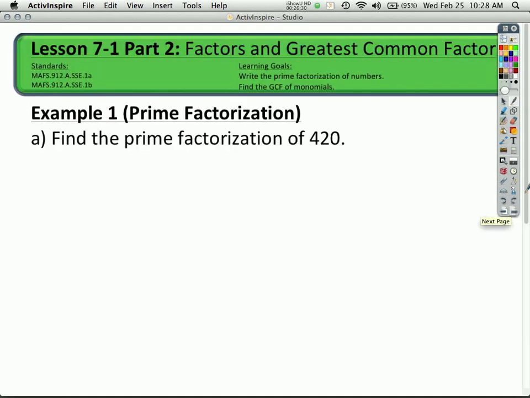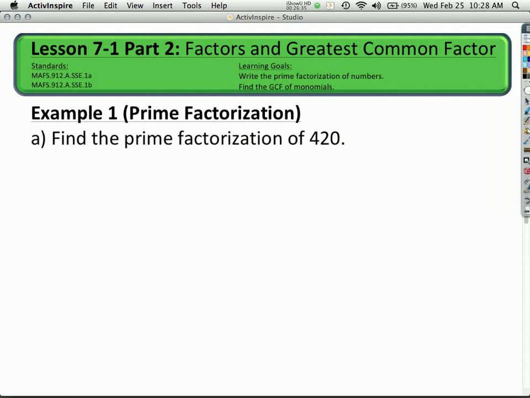Let's start with finding a prime factorization. The work we're going to do is called a factor tree.